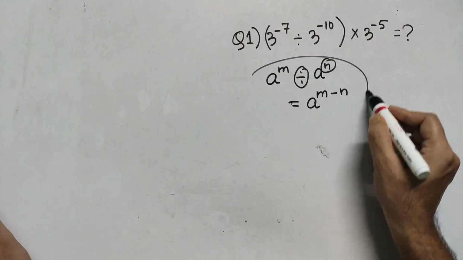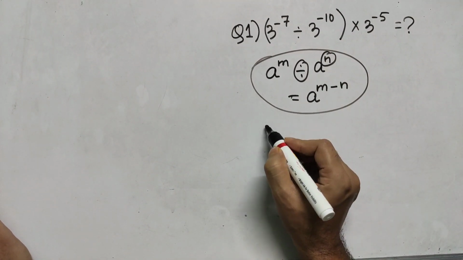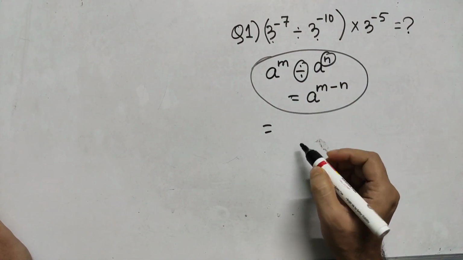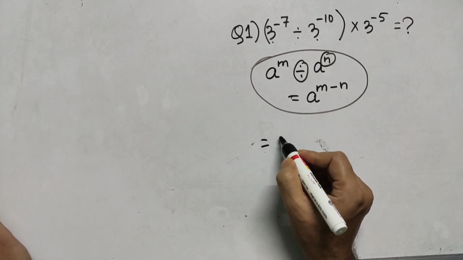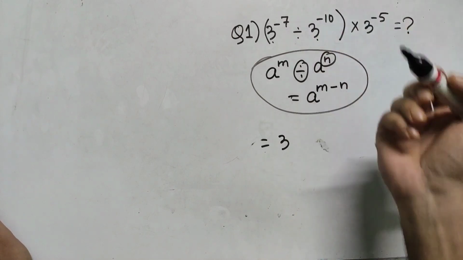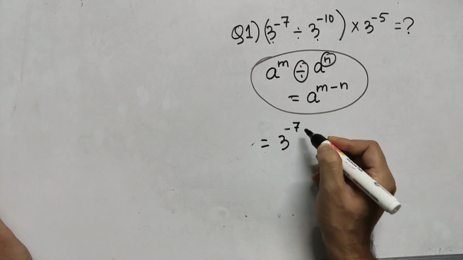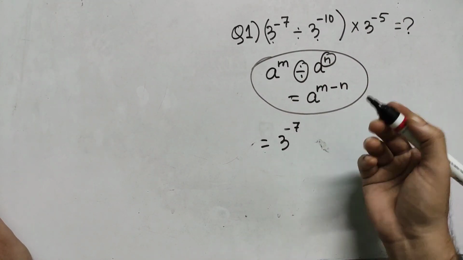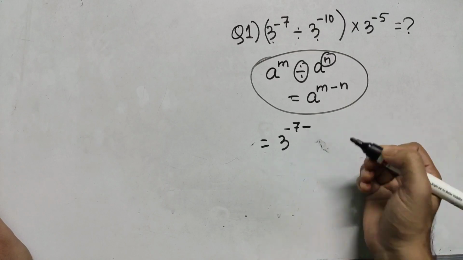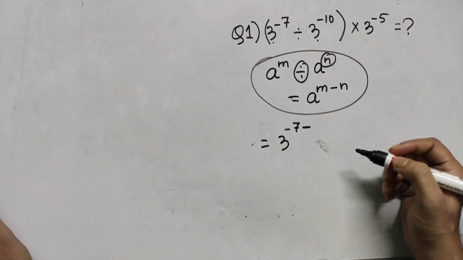Similarly we can do this. As you can see, we have the base 3. Let's write 3. The first power, which is minus 7, let's write minus 7. As we have a division sign, we have to write a negative sign, and then we have another power which is minus 10.